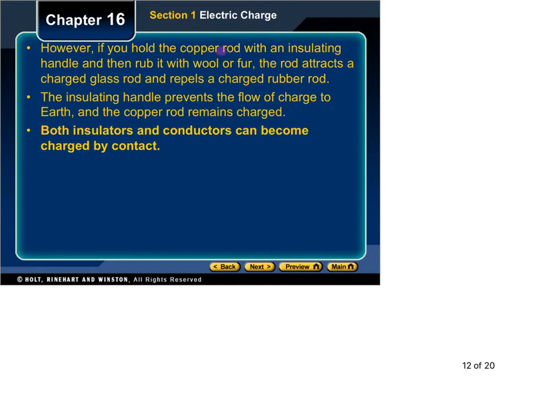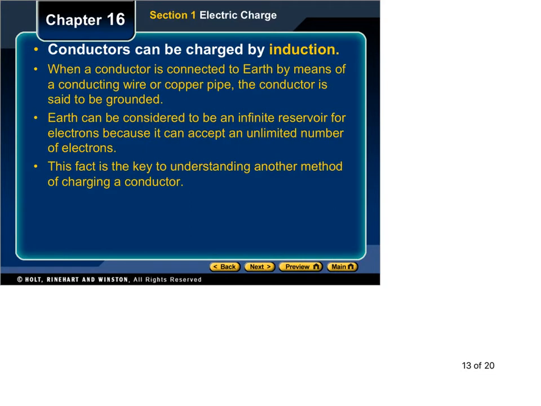So we need an insulating handle. This insulating handle prevents the flow of electrons to the earth. So both insulators and conductors can be charged by contact. We just have to add this insulator on the conductors. Another method we're going to look at: conductors can be charged by induction.